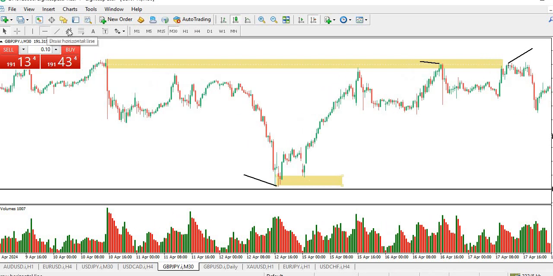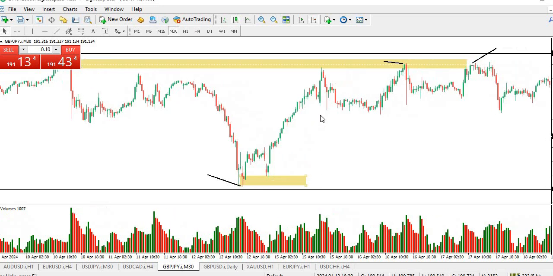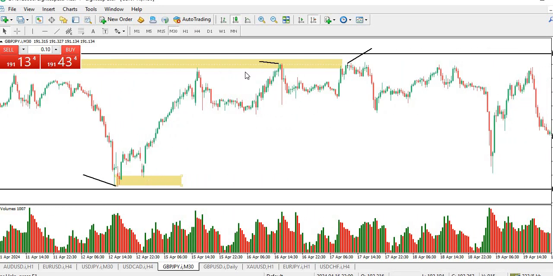Here we should have placed our stop loss above the order block, about 10 or 12 pips above the order block, and we should have targeted a 1:2, 1:3 trade. Like here we can see the market turn to the downside.